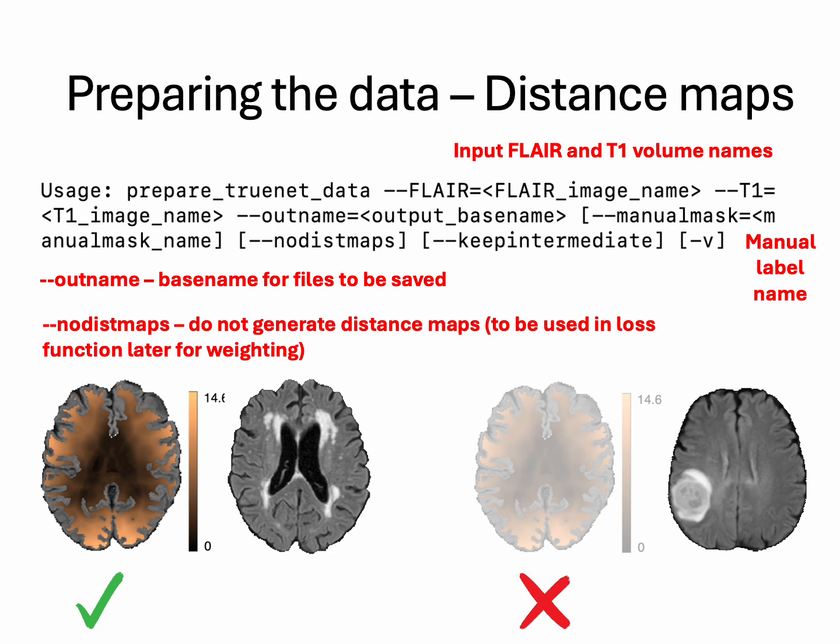But if you are only going to use TrUE-Net for inference, or if you are planning to train without the spatial weighting function, you can skip the distance maps because it takes quite a while. You can use this no dist maps flag. If this flag is given, the distance maps will not be calculated.